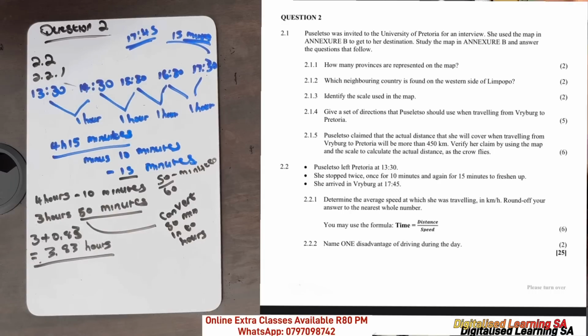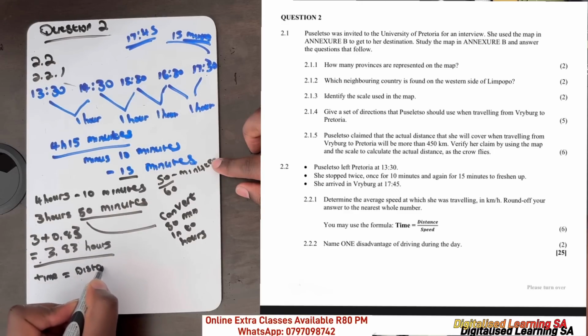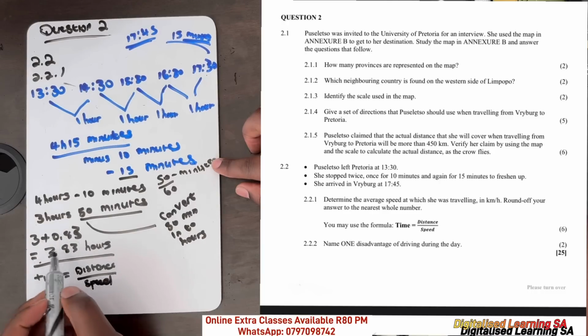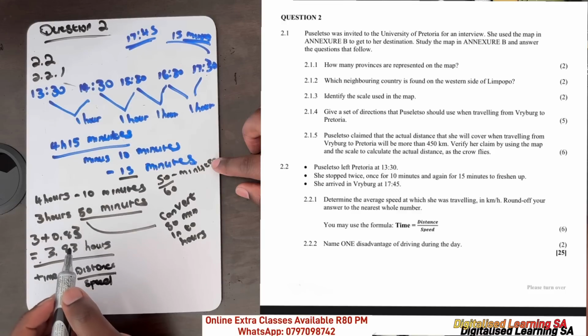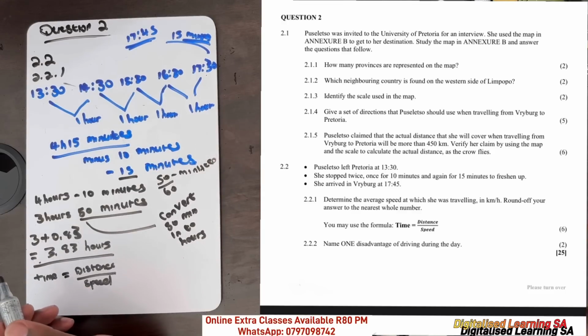Okay, so now we need to use the formula that we are given on the question paper. Remember, we are calculating the speed, so we'll say speed equals distance divided by time.